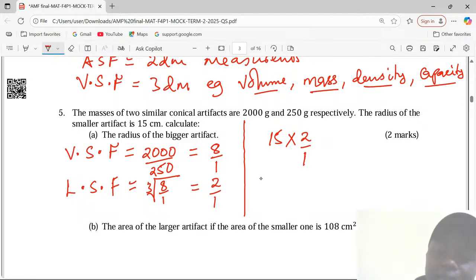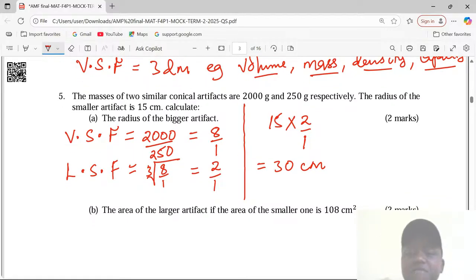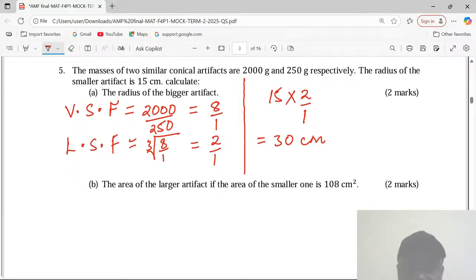This is exactly 30 centimeters. If we had been given the radius of the bigger for us to get that of the smaller, then we would have multiplied by this ratio, but in a way that it would decrease the value.